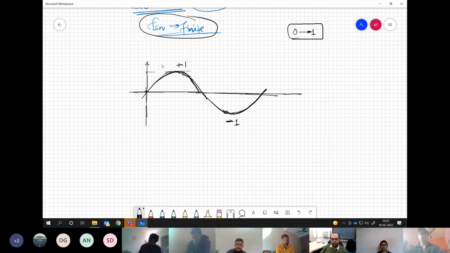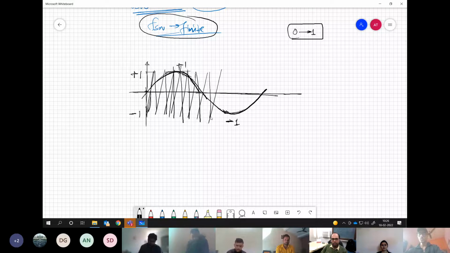So obviously we need a bipolar ramp over here, where the value of this ramp will change from -1 to +1. Otherwise, it will not compare in the negative half. Correct? So we should have uniform comparison in all the sections.